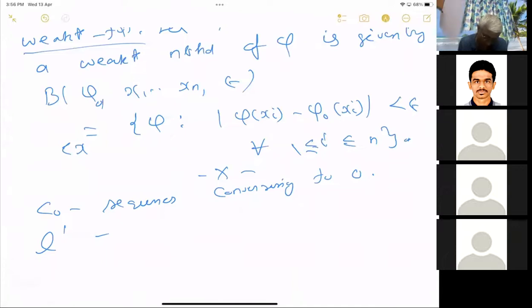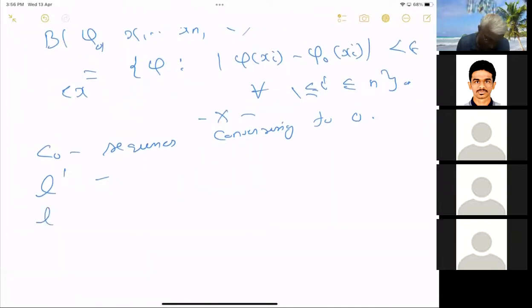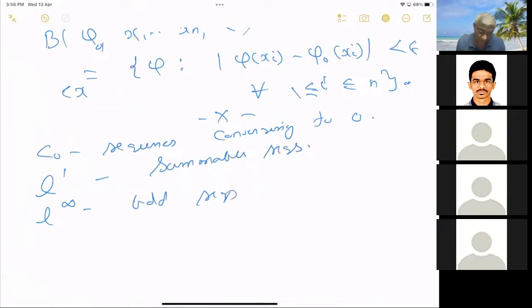And L infinity is all bounded sequences. And you know that C0 star equals L1 and L1 star equals L infinity.